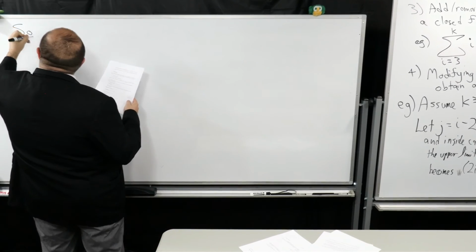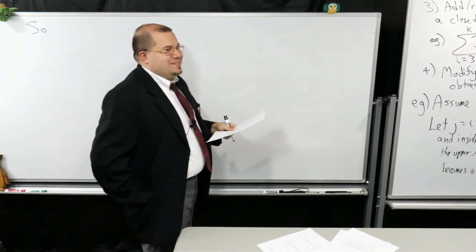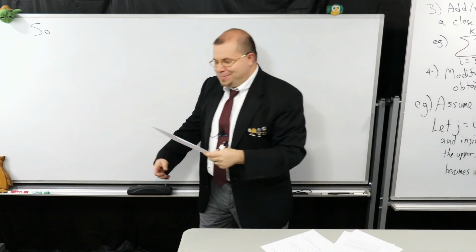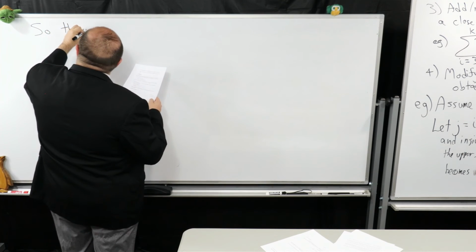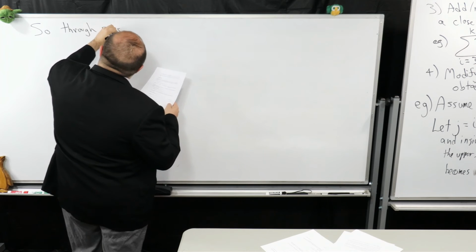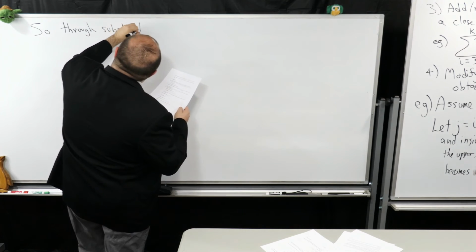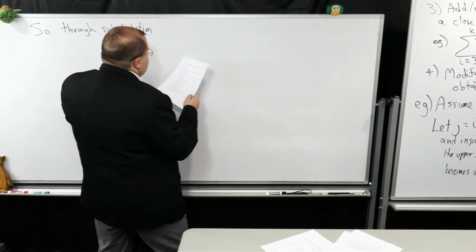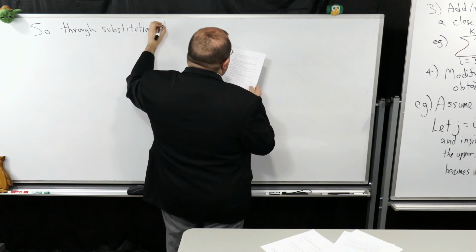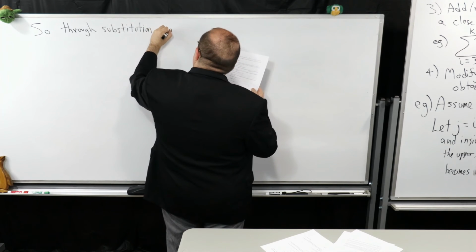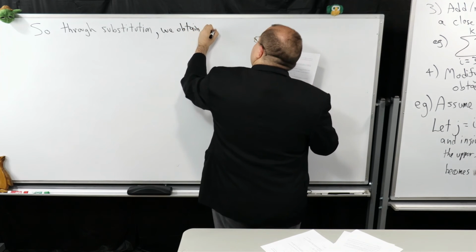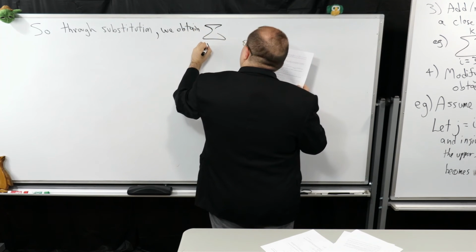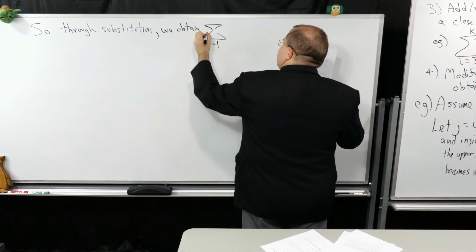If you're wondering, the name of this technique is substitution. I'm just substituting one variable for another. Through substitution, we obtain this new sum: j is equal to 1 to k minus 1.